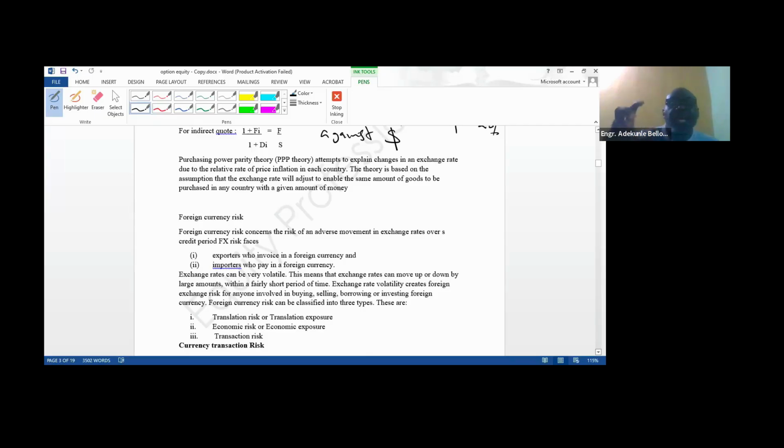Foreign currency risk can be classified into three. One, translation risk or exposure.